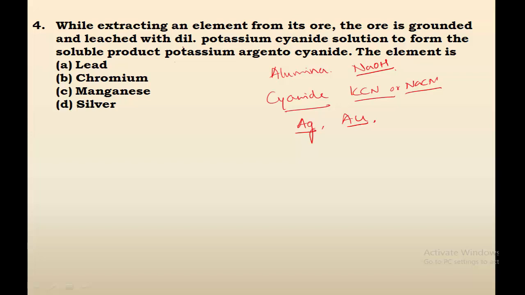But what does it form? It forms potassium argentocyanide. Argento is nothing but Ag, meaning silver. So the element silver, option D, is leached by using potassium cyanide solution. Option D is the right one.